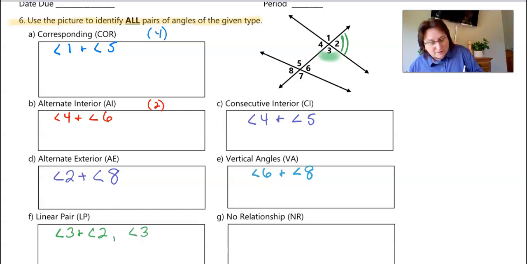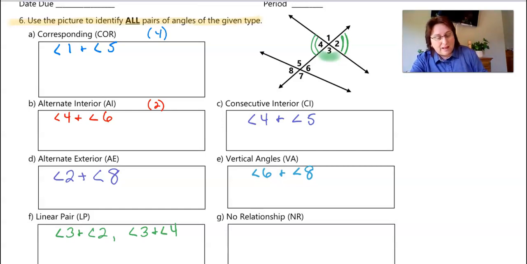Or angle 3 is also a linear pair over here to angle 4, because, guys, both of those angles with angle 3 make a straight line. So if you guys notice, angles 3 and 2 and angles 3 and 4 are both linear pairs. All right, don't forget, you got to list all of them when you guys are listing these out.